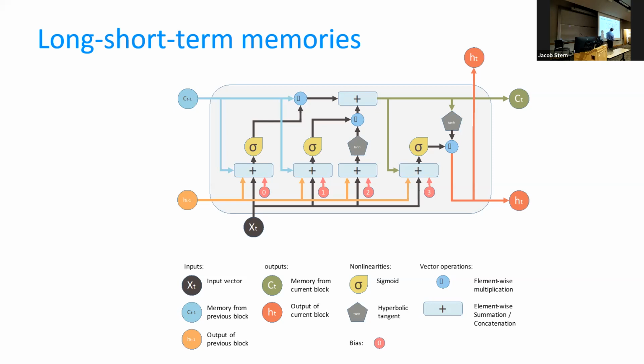Basically what happens in this forget unit is we take all of the previous hidden states and memory and the new input as input. Then we predict a vector, take the sigmoid of that vector, and point-wise multiply that new sigmoid vector with the history, with the memory vector.